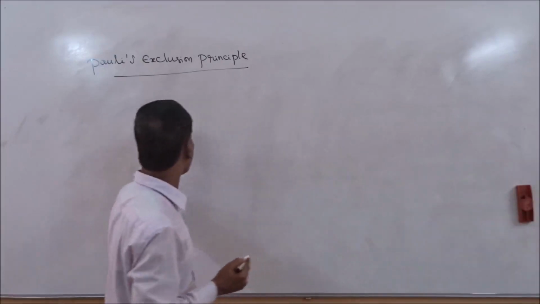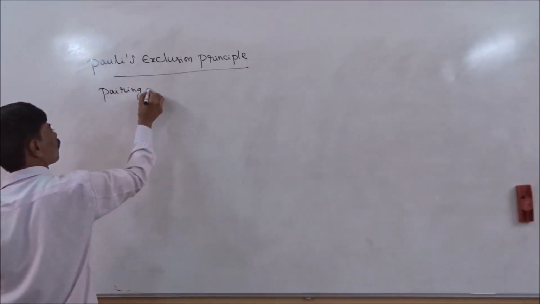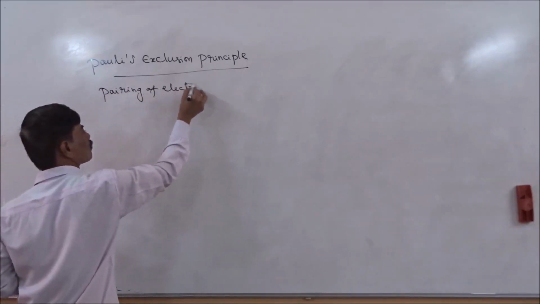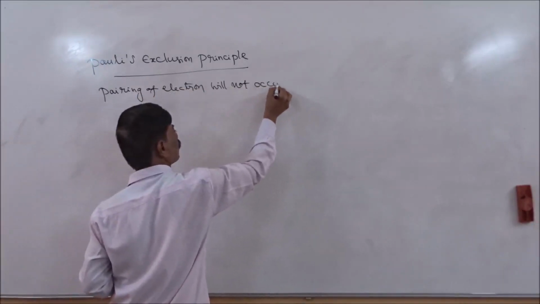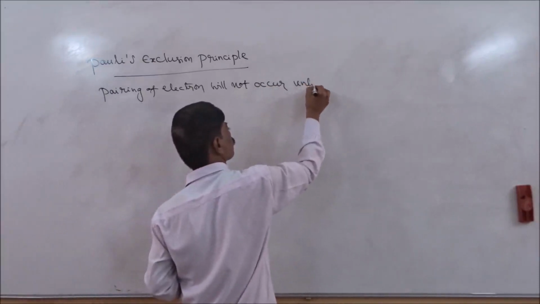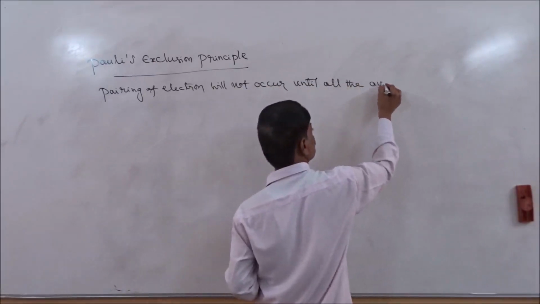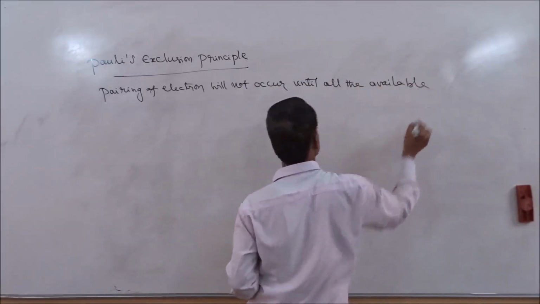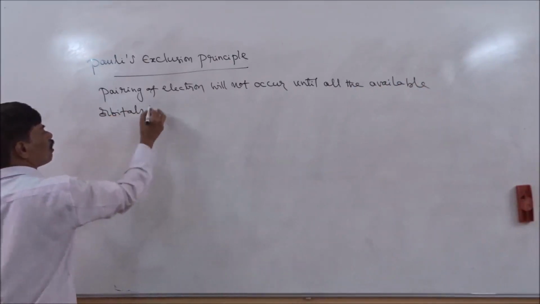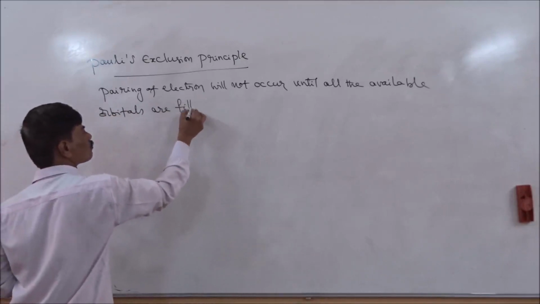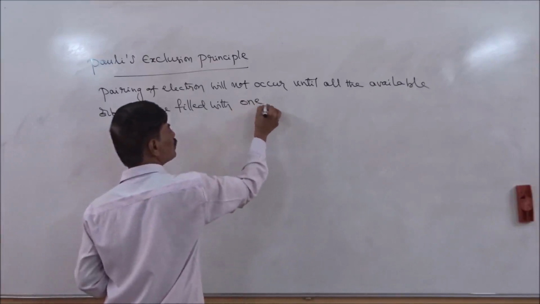So, pairing of electron will not occur until all the available orbitals are filled with 1 electron each.